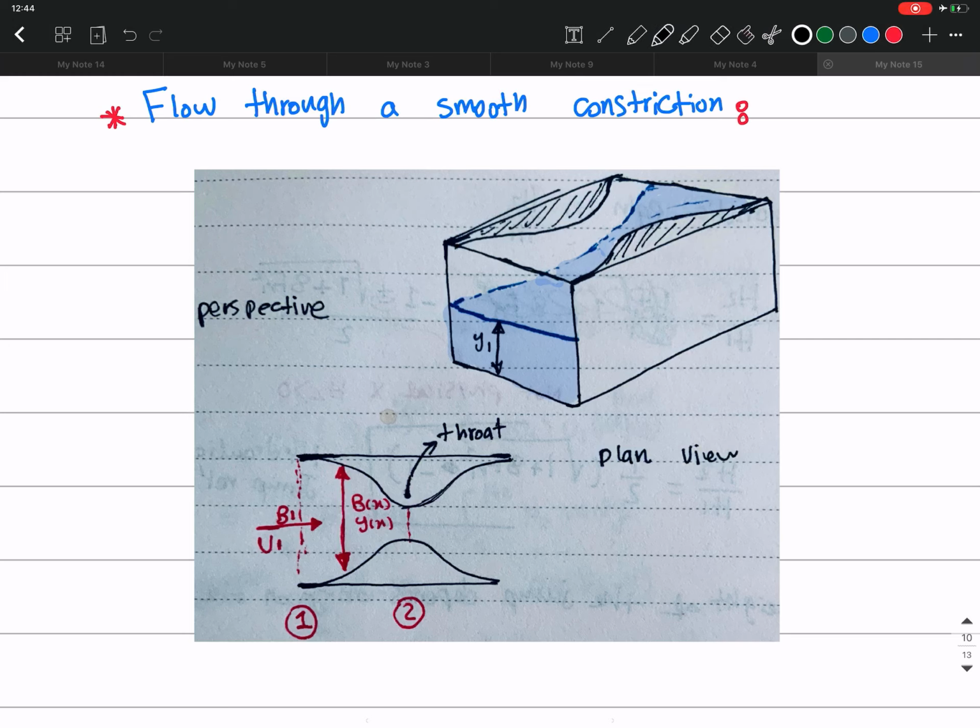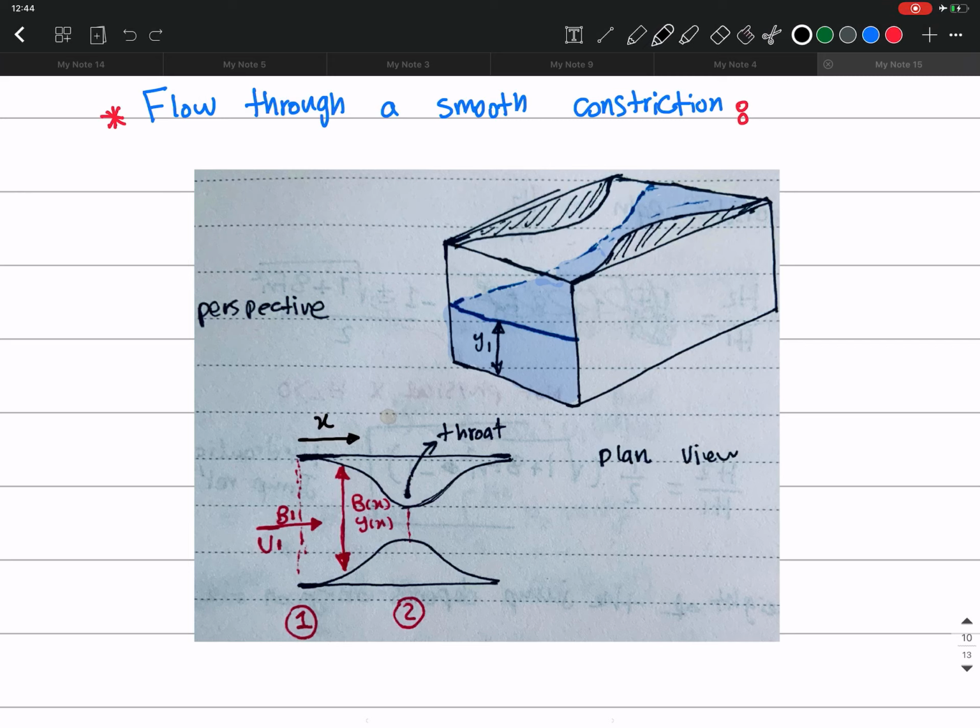Okay, and then as it goes further, the width of the channel changes as a function of x, where x is in the stream flow direction, and then it reaches the throat where the width becomes the smallest, and then we go back to the original width.